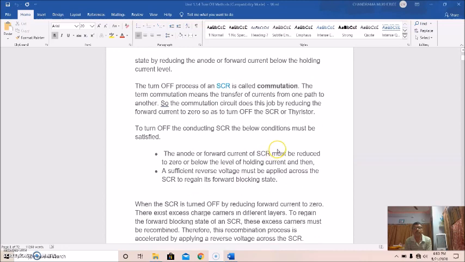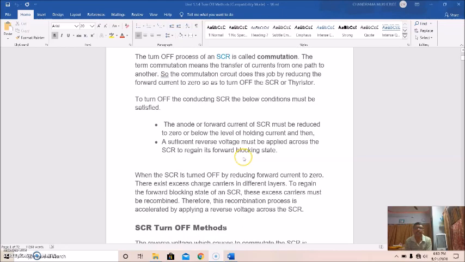So for turning off a conducting SCR, what conditions must you satisfy so that the thyristor can be turned off from its conduction state? The anode or forward current of the thyristor must be reduced to zero or below the level of holding current, and next a sufficient reverse voltage must be applied across the SCR to regain its forward blocking state.